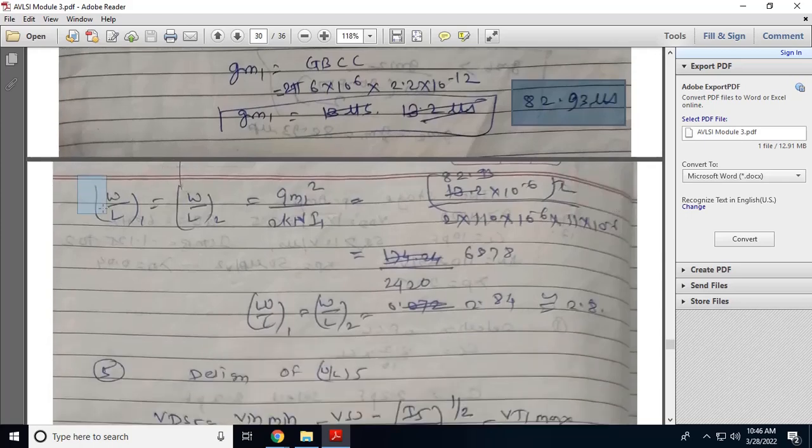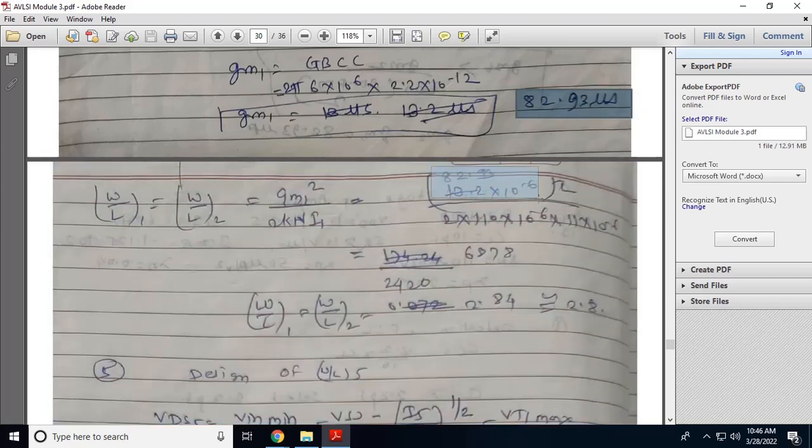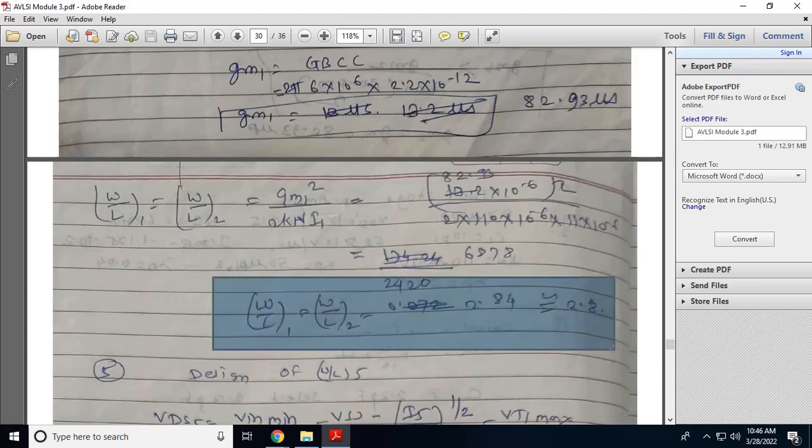So size of 1 is equal to size of 2, that is gm1 square divided by 2 into Kn divided by I1. gm1 is 82.93 micro Siemens, squared, divided by 2 into Kn, that is 110 into 10 raised to minus 6, into I1, that is I5 divided by 2, that is 22 divided by 2, that is 11 into 10 raised to minus 6. So size of 1 is equal to 2.84, that is the size of 1 and size of 2.